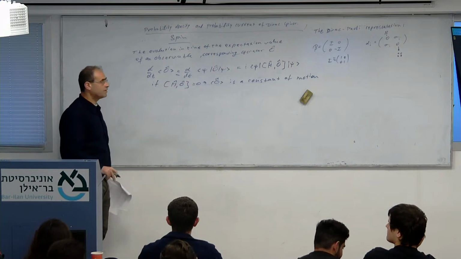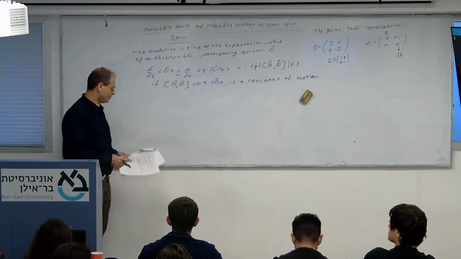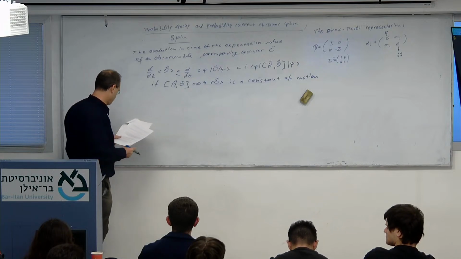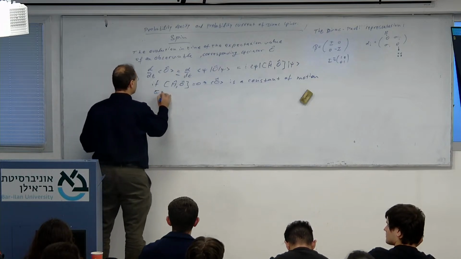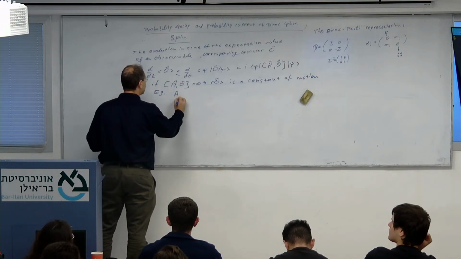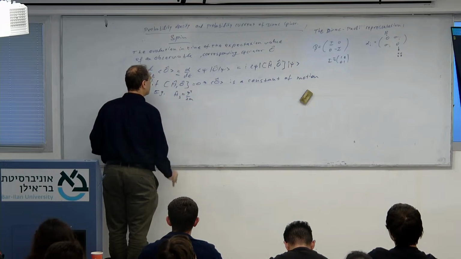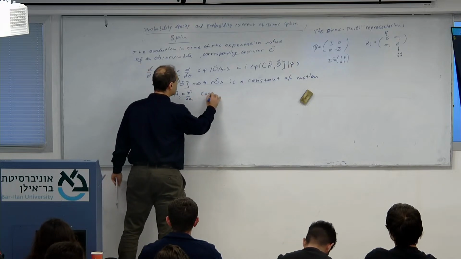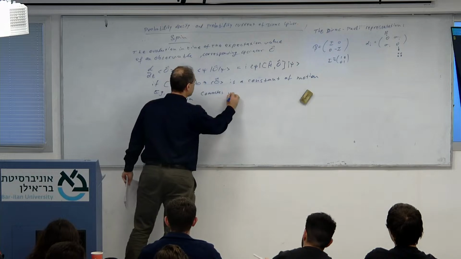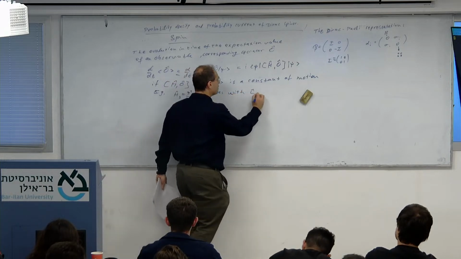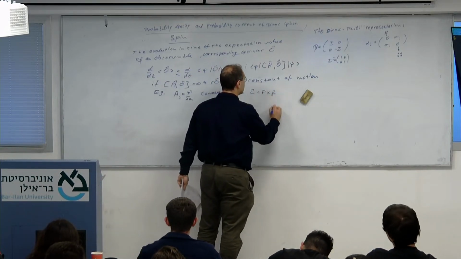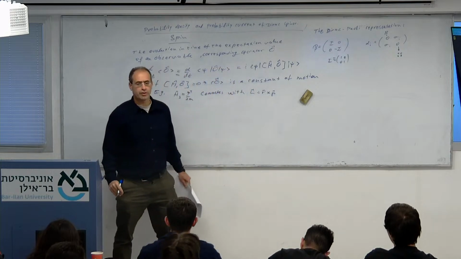For example, the Hamiltonian in Schrödinger's equation, which is p squared over 2m, commutes with L, which is r cross p, for a free particle.